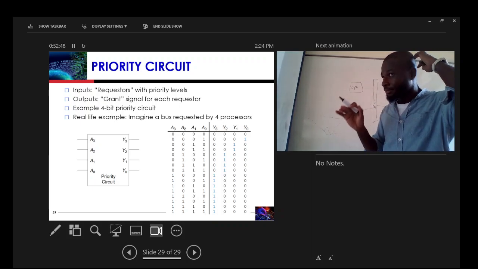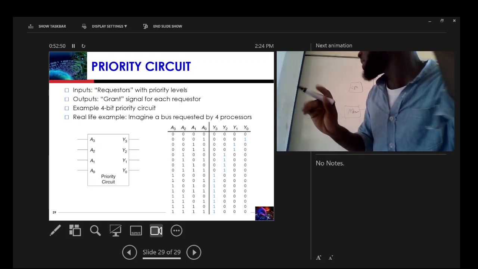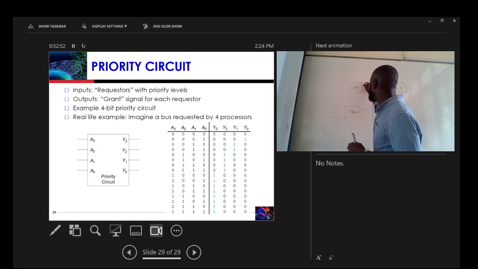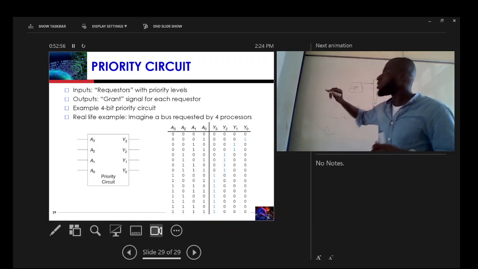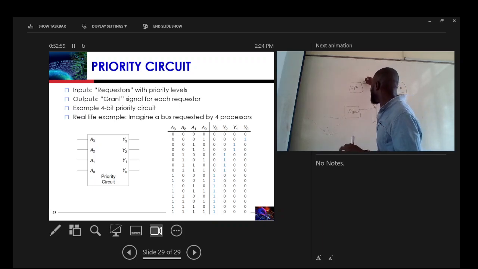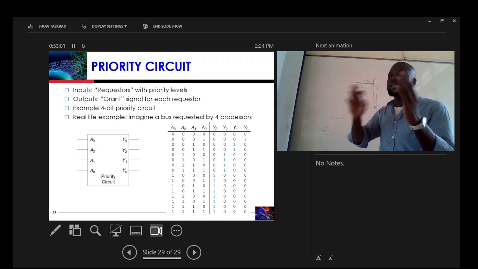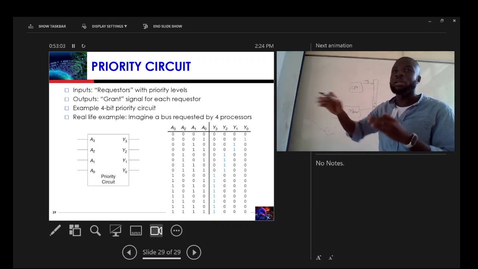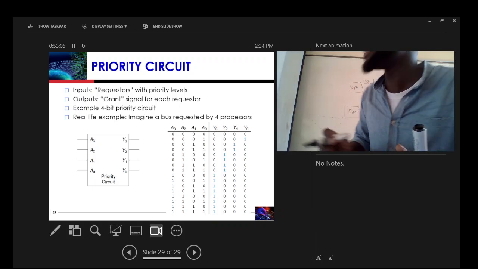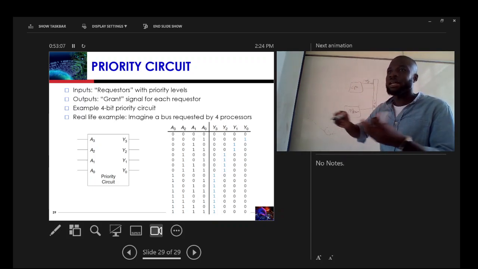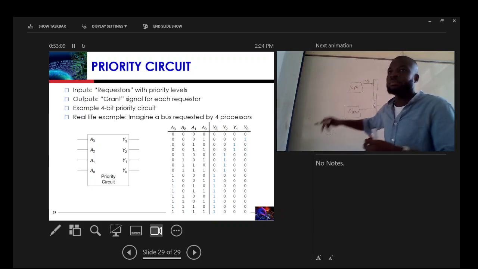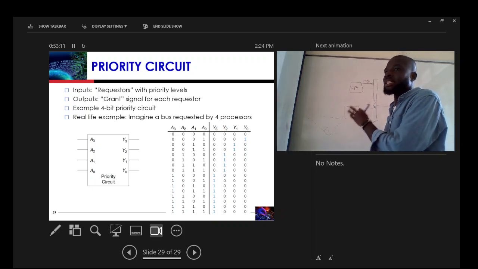So in the real world, the CPU has a connection to the bus called the request line. If the CPU wants to use the bus, it activates this request line, and there is a circuit that will give the CPU a chance to use the bus.